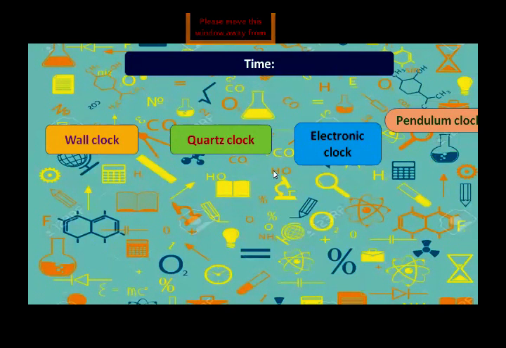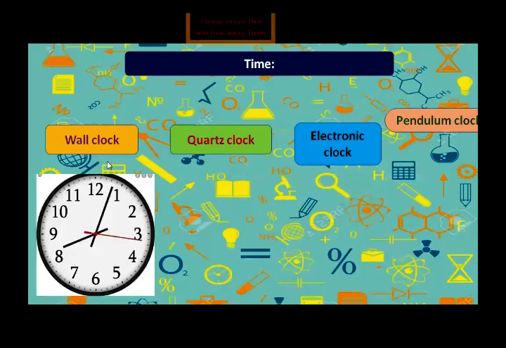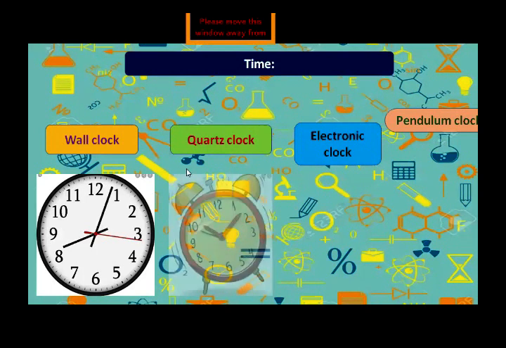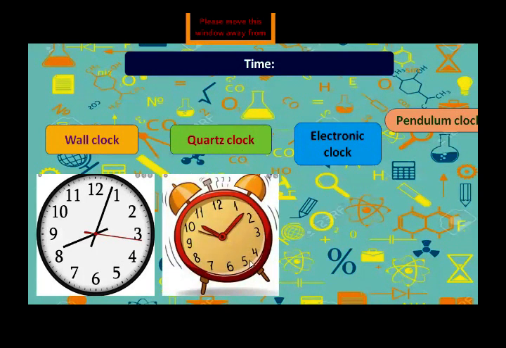Now the time. You know why time is very important for all of us? What would happen if you didn't check the time and were late for school? We check time with the help of different clocks. First is the wall clock. This is very common and it is everywhere. The second is the quartz clock. A quartz clock is used to set the morning alarms.